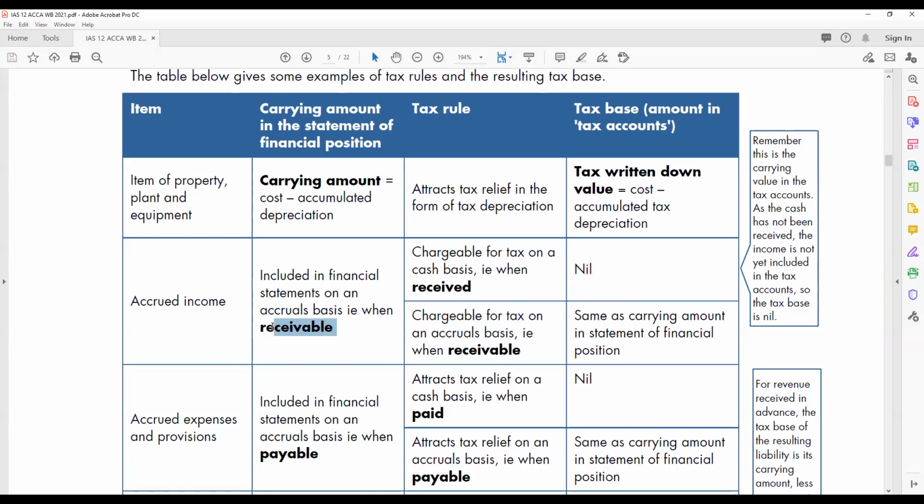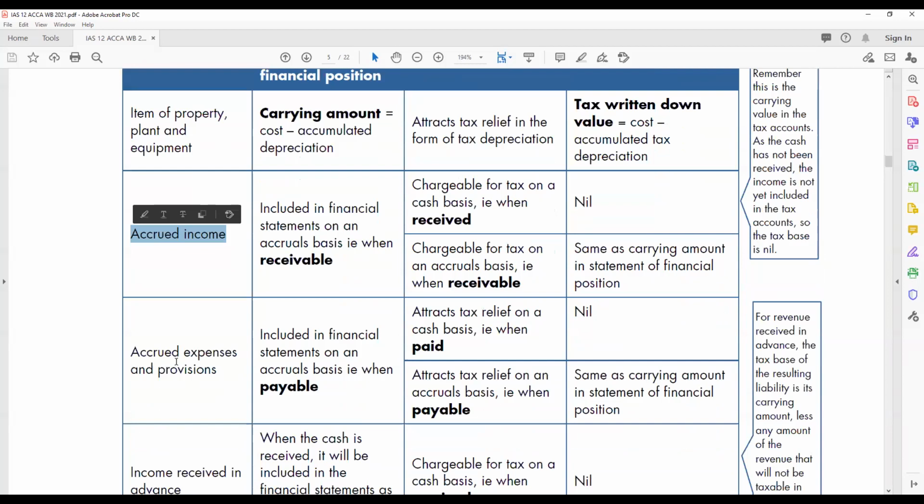Our company rule is also accrual basis, and the government also says accrual basis for that particular income. Then there is no difference between carrying amount and tax base. The tax base is the same as the carrying amount in the statement of financial position. This is for accrued income.